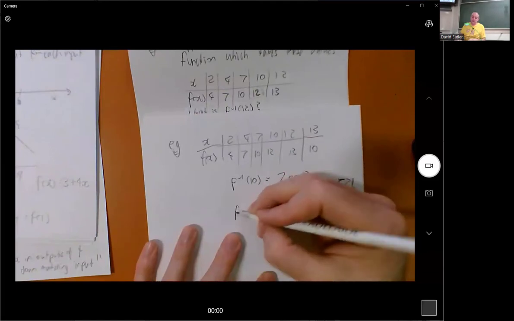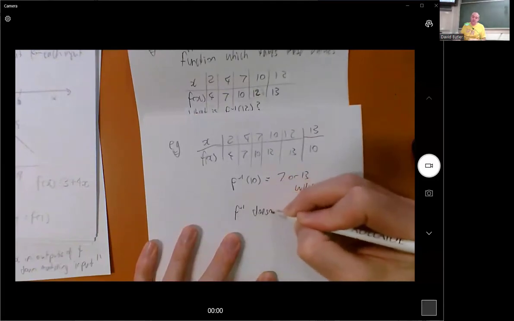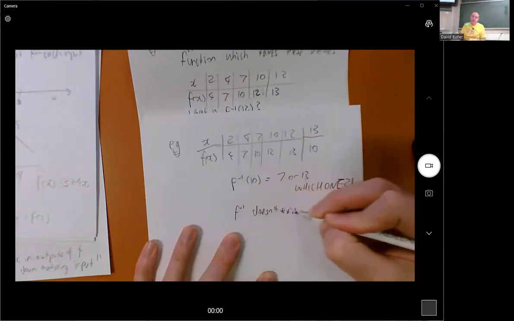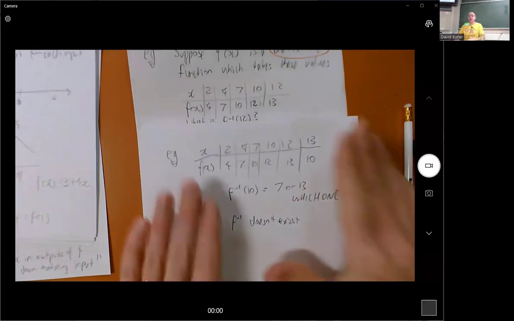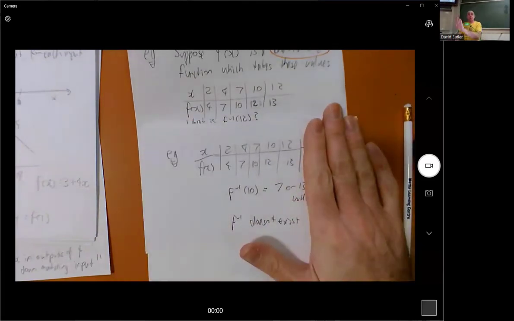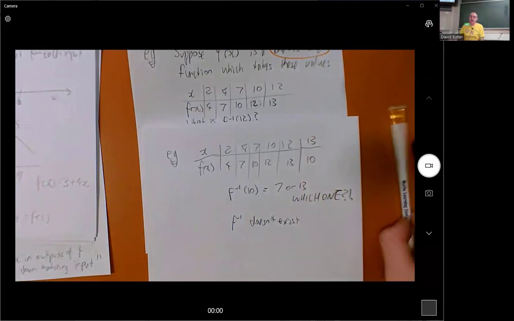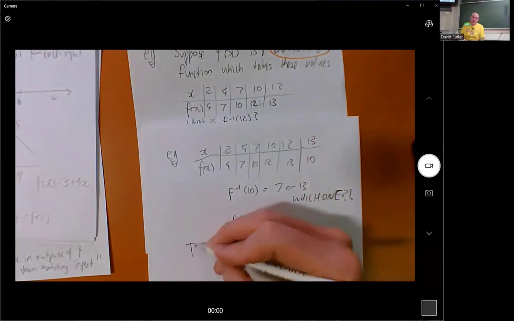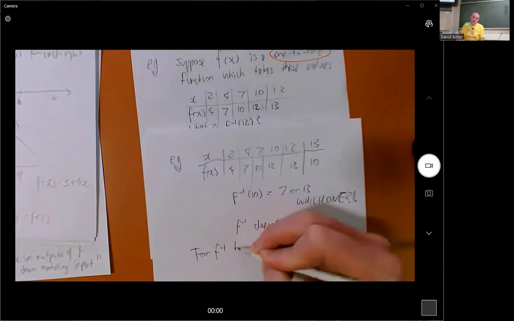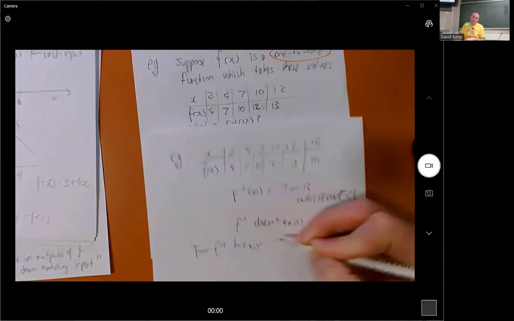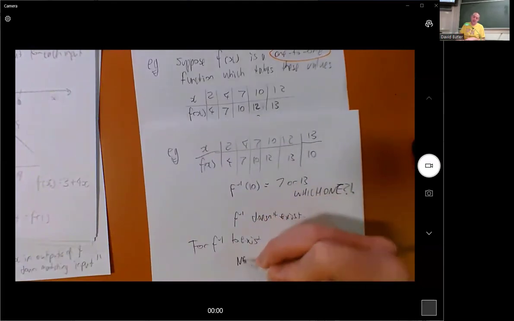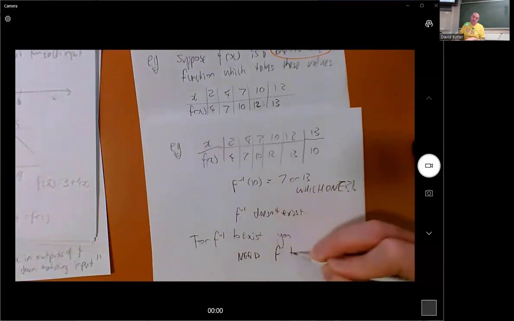And so f inverse doesn't exist. If I restrict myself to just these, then f inverse is fine. But if I'm allowed to use any possible output, then I can't do it. And so that's the idea. For f inverse to exist, you need f to be one-to-one.